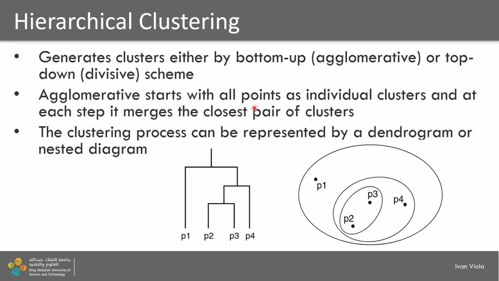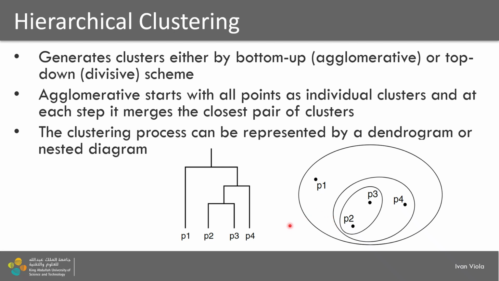We could employ, in this case, a Euclidean distance. But the question is, what does it mean, closest pair of clusters? How do we express the closeness of clusters? We will discuss it next. Before that, it is interesting to observe how this clustering is being built in these two forms of schematic or conceptual visualizations.